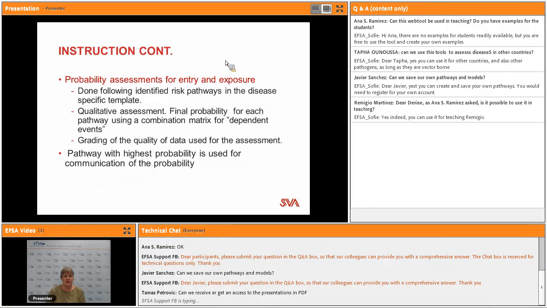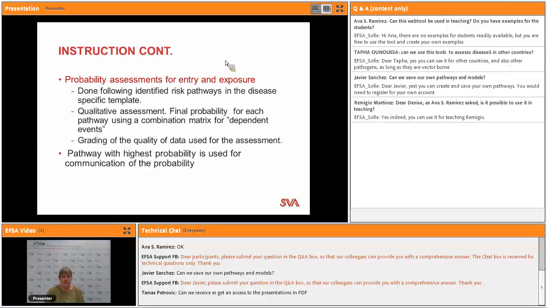And when we have decided to do an assessment, we just follow the identified risk pathways for the disease that we are assessing, and do a qualitative assessment for each step of those pathways.